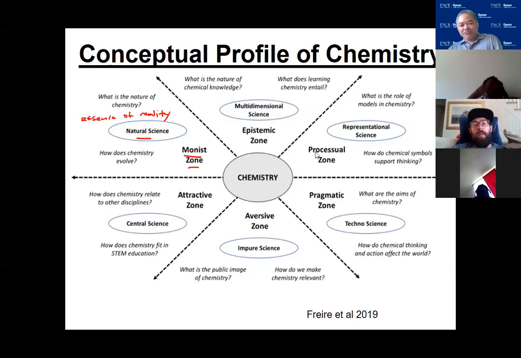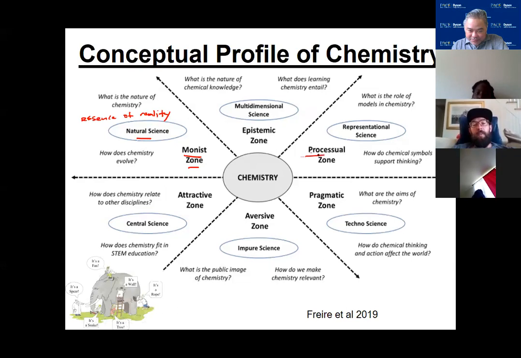And then we go to the other zone, the processual zone. So in the processual zone, this is the representational science. Okay? And here, chemistry is conceived as the process.